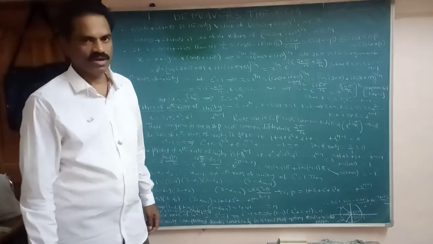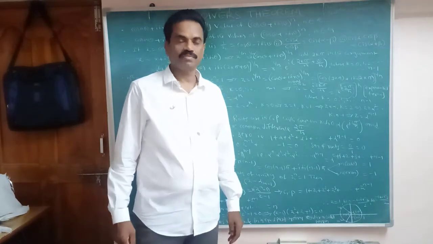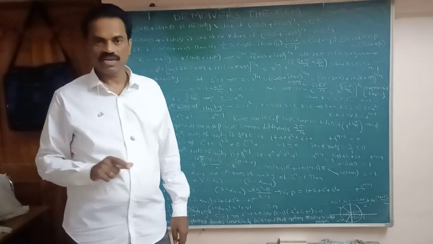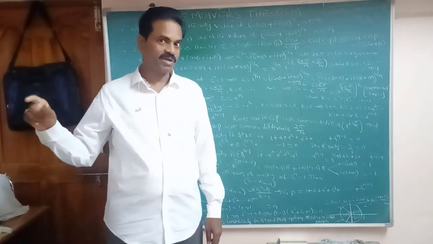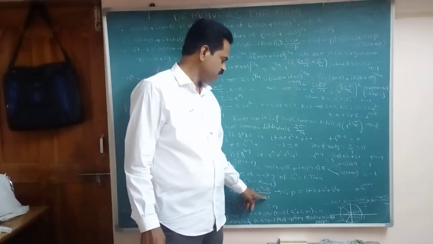Observe the GP formula: S n equals a into r power n minus 1 by r minus 1. This series is 1 plus r plus r square plus r cube and so on, up to r power n minus 1, so a into r power n minus 1 by r minus 1 is a GP.